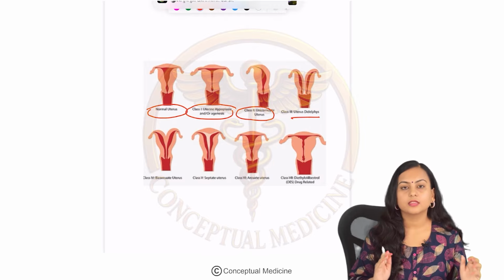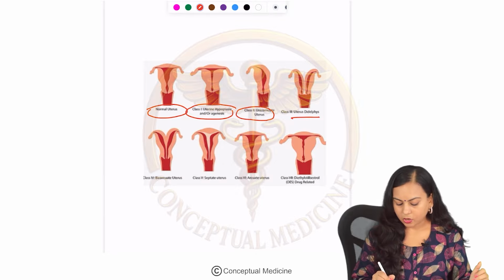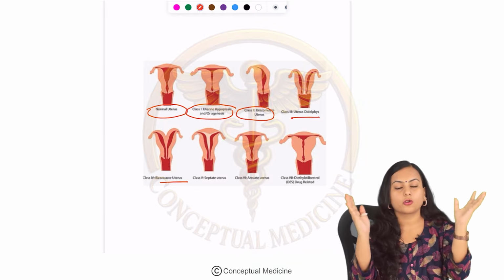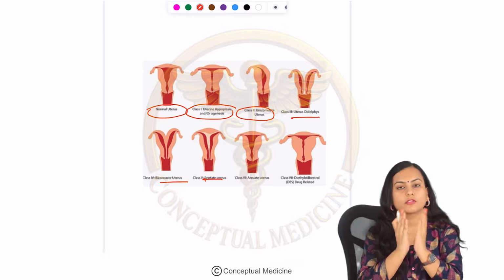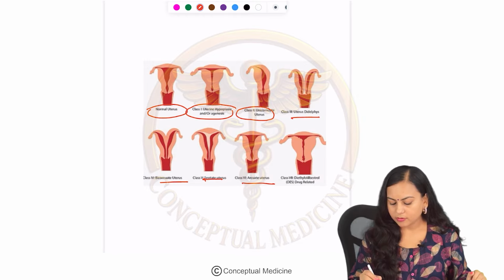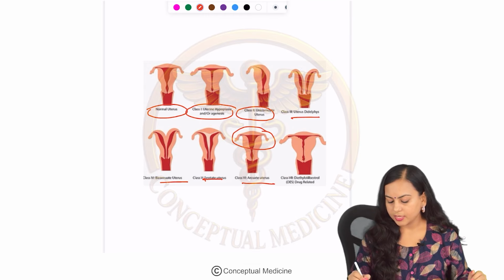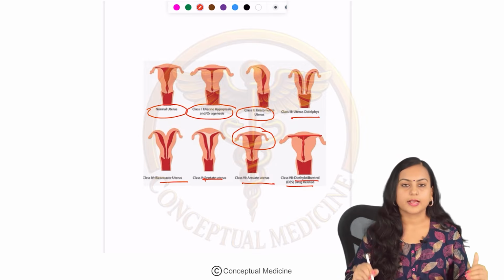Uterus didelphys, both horns are going to be present, but there is no unification. Then bicornuate uterus means the lower part is fused and the cornua part is not fused. Septate uterus, the septum is not going for resorption. Then arcuate uterus, the shape is somewhat deformed, but it is otherwise normal. Then you have a diethylstilbestrol drug related uterus, which will have a T-shaped uterine cavity.